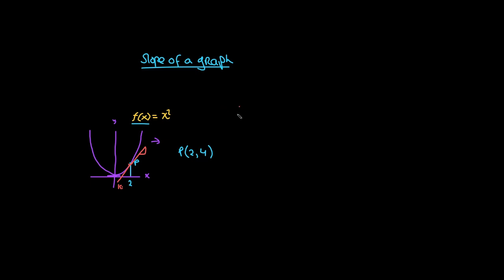Well, let's zoom into this area over here. So we're going to have a little bit like that. So this is the graph. Here we have point P, and we want a tangent line, right? A line that is parallel to the graph at point P. And to create a line, we'll need y equals ax plus b.